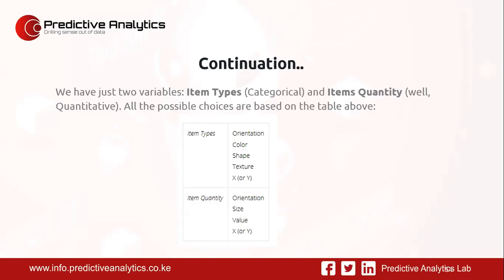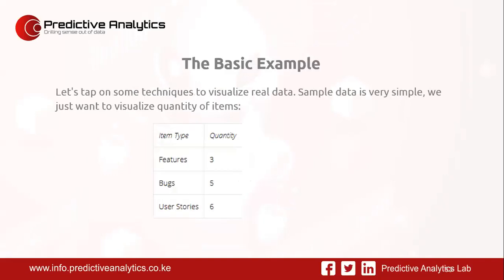All the possible choices are based on the table above. So we look at the possible choices on the screen in that table. For item types we have orientation, color, shape, texture, X or Y, that's planar. And then for item quantity, we have orientation, size, value, and X or Y, which is planar.